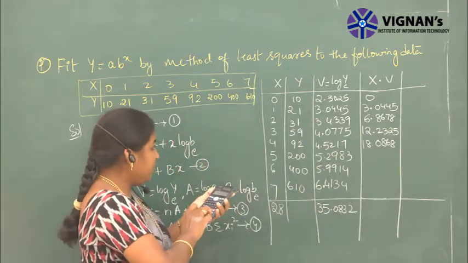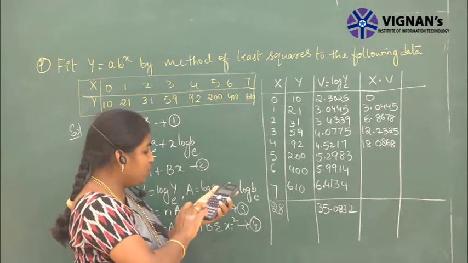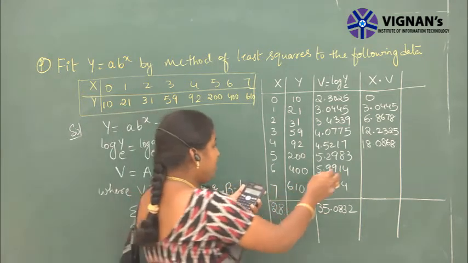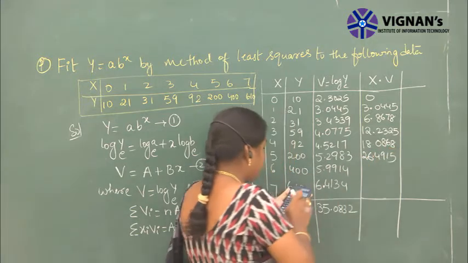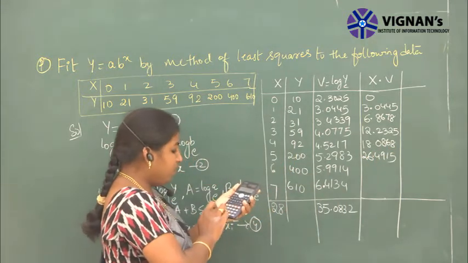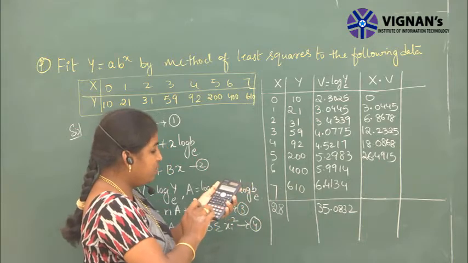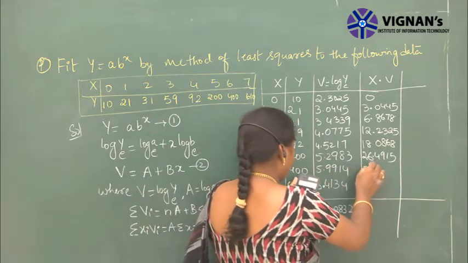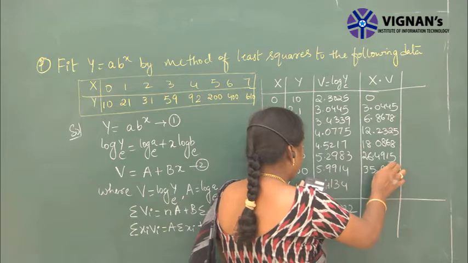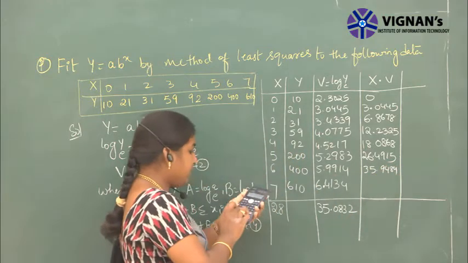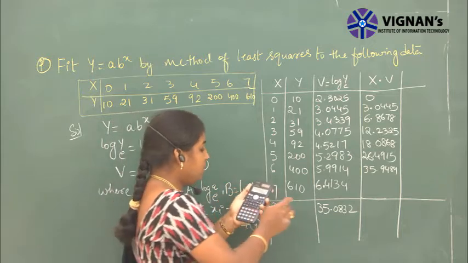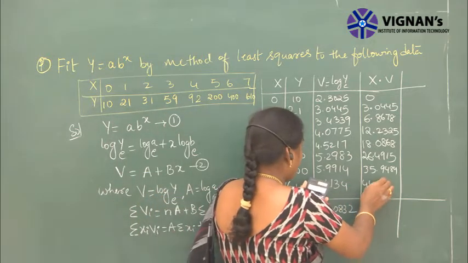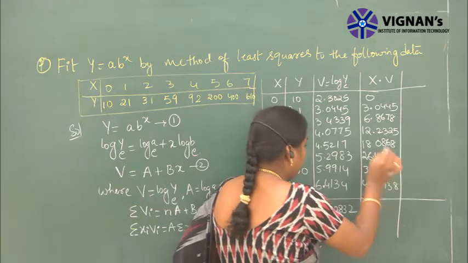Next, 5 into 5.2983 is 26.4915. Next, 6 into 5.9914 is 35.9484. 7 into 6.4134 is 44.8938.